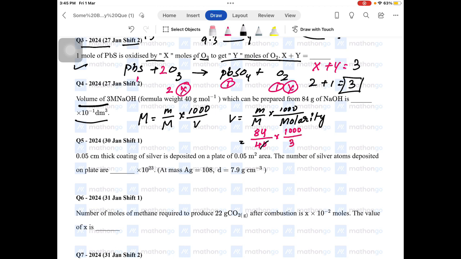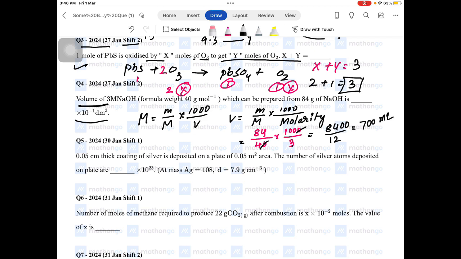Here 0 and 0 will get cancelled, 4 3s are 12, then 8400 by 12. Simplify this 8400 by 12. How much will you get? Check it once. 8400 by 12 is 700 ml.